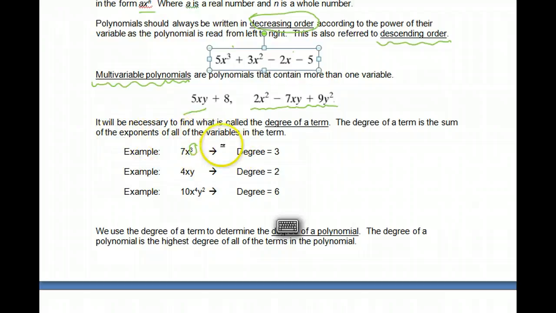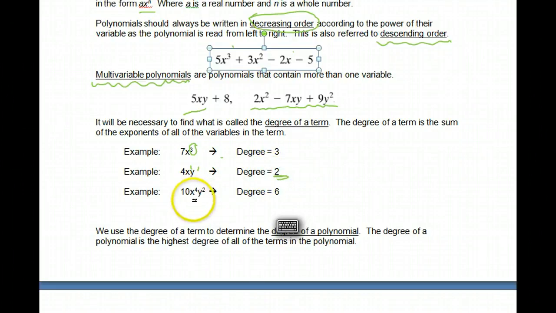The next example, we have 4xy. This one has a degree of 2 because the x has an exponent of 1 and the y has an exponent of 1. So when you add your exponents, it has a degree of 2.